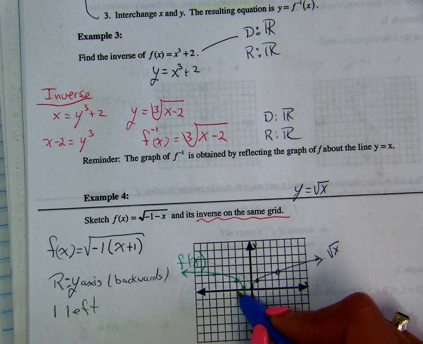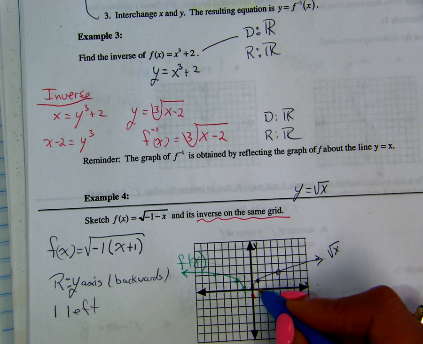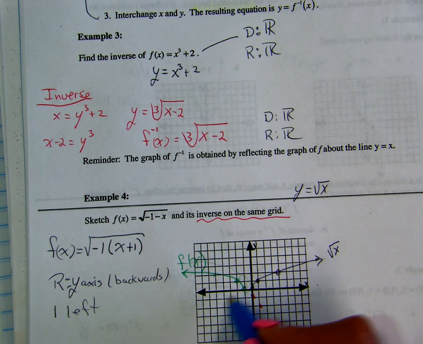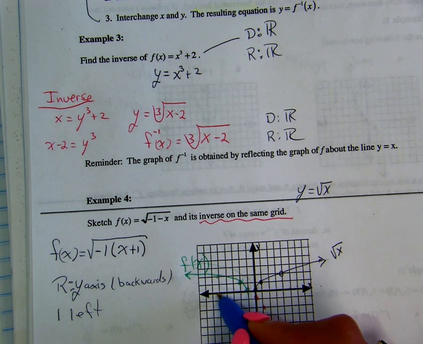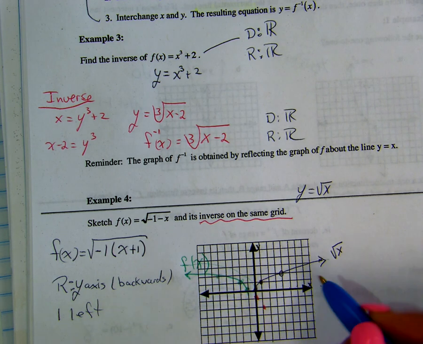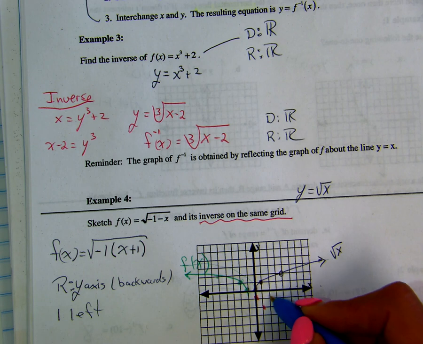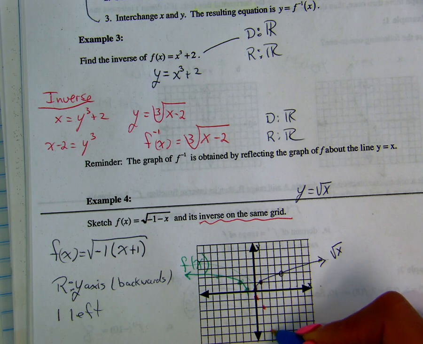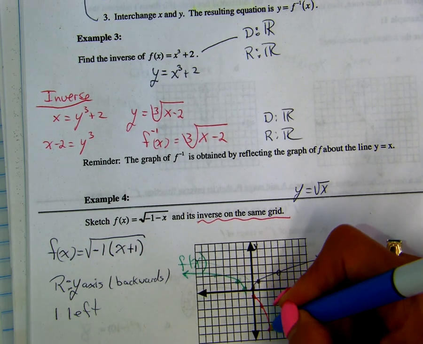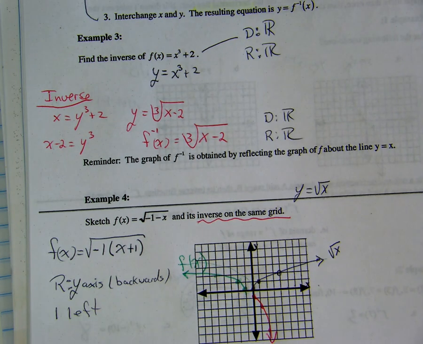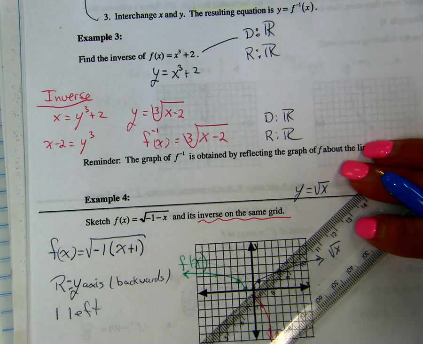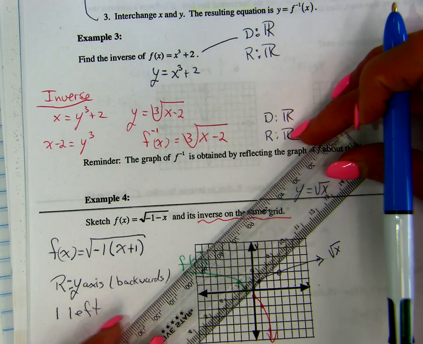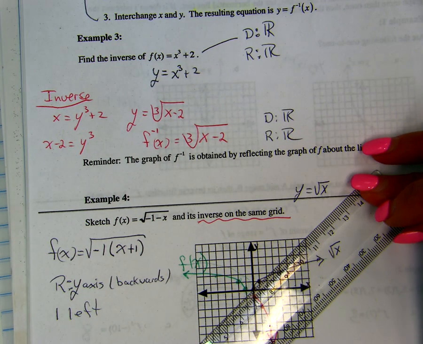This point, -2, 1, becomes the point 1, -2. This point, -5, 2 becomes the point 2, -5. So it's going to look like that. Remember we took this and we reflected that green function across the line y equals x.